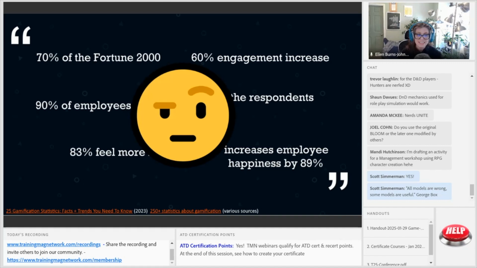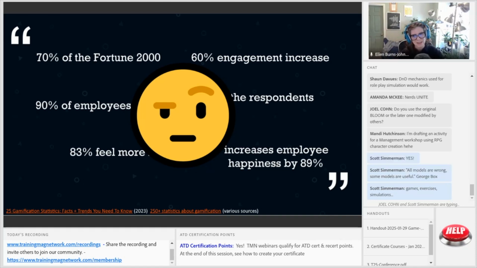There are old statistics. There's conflicting and overlapping terms in the research reporting. Are they only talking about gamification? Are they also talking about game-based learning? Are they using those two terms in the same way that I understand them? It's really hard to make sense of it. And when you see all these very positive statistics like 90% and 80%, it makes you wonder, what are we actually looking at here, right?